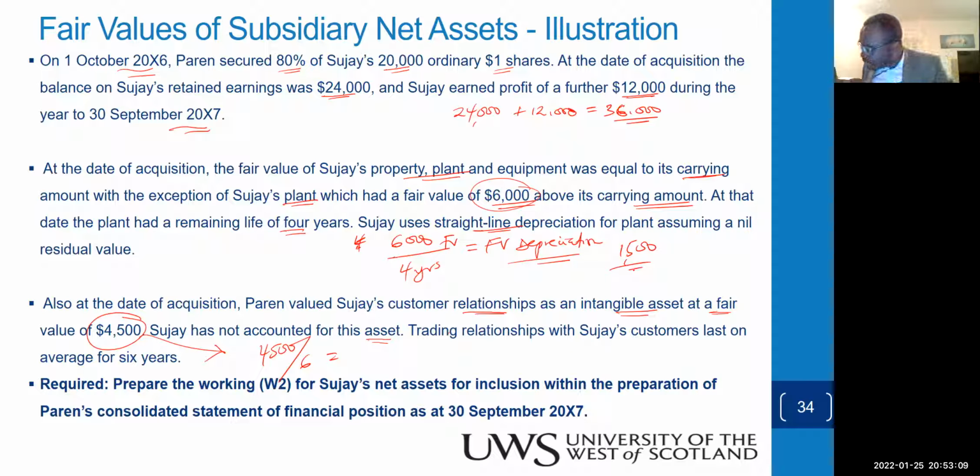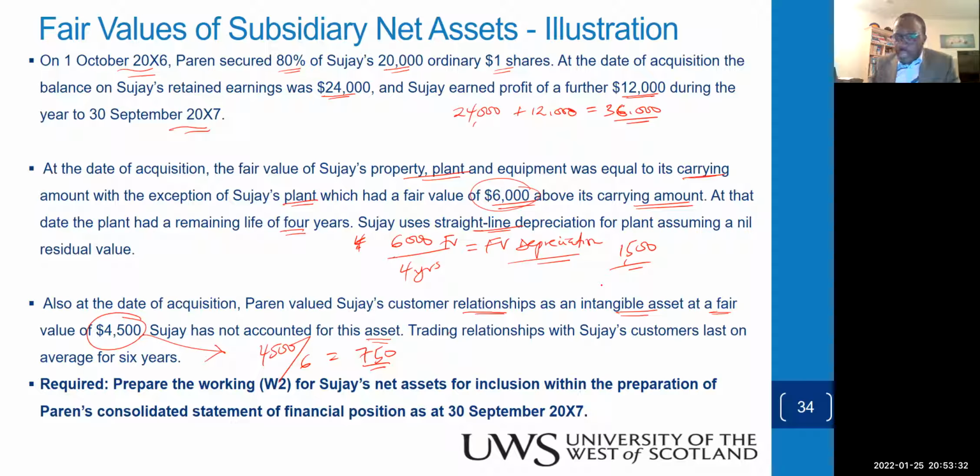And then our 45 by 6 gives us 7.5, all things being equal. Okay, so that is amortization and this is the depreciation. Okay, prepare the working number 2 for the subsidiary's net assets for inclusion with the preparation of the parent's consolidated statement of financial position.